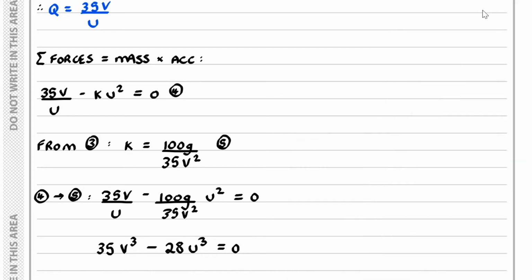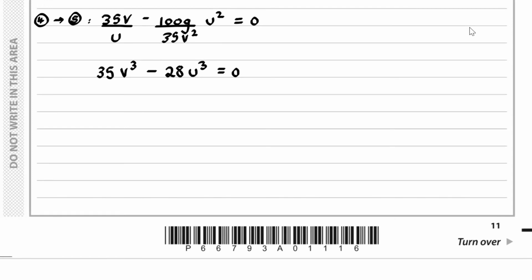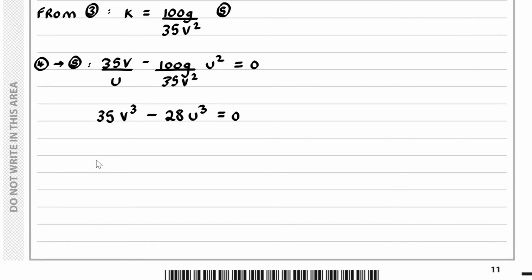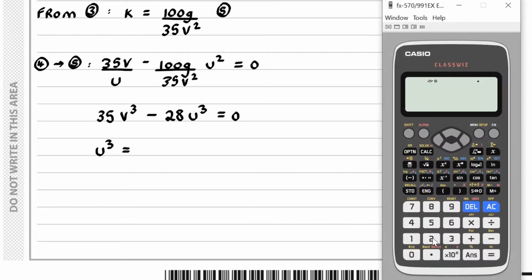So now I need to find out what U is. So if I rearrange this, you can see U cubed is equal to 35 divided by 28, which is 5/4.